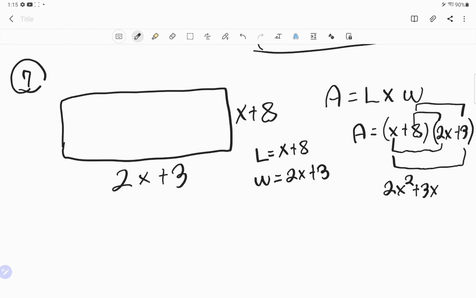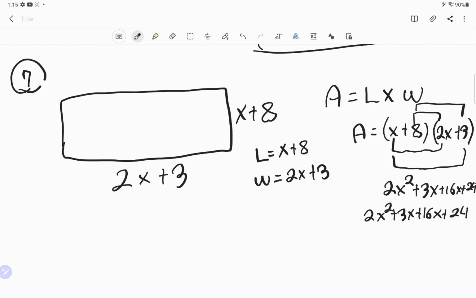So 8 times 2x is going to give me 16x. And then plus 8 times 3, I believe that's going to be 24. So let me rewrite it. It's going to be 2x squared plus 3x plus 16x plus 24.